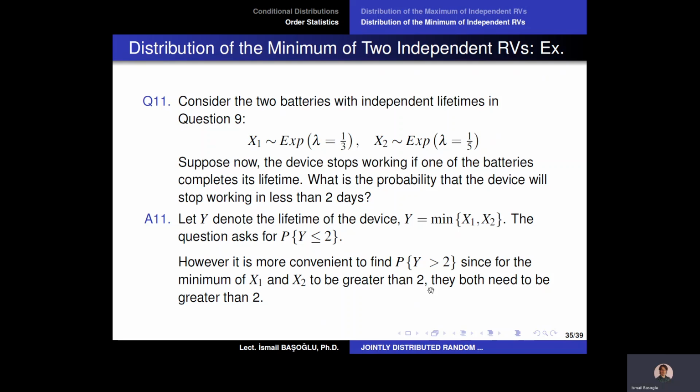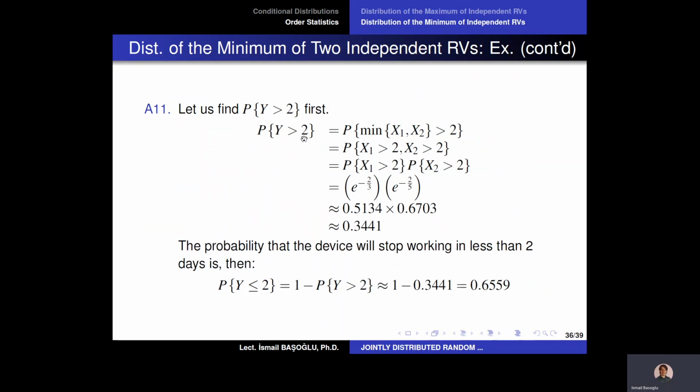So we first calculate the probability of Y being greater than 2, which is the probability of the minimum of the lifetimes being greater than 2. And that requires both batteries to have a lifetime greater than 2, in an intersection event.